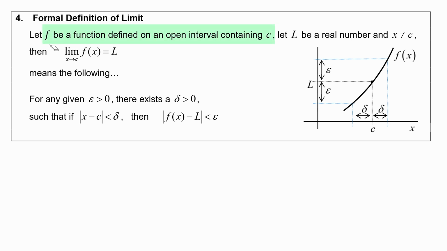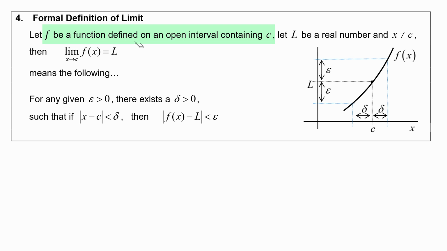To say that f is a function defined on an open interval containing c, that just means if we are on this delta interval around c, that every x value in that interval has a corresponding y value that does exist. So to say that f is defined on the interval means that nowhere on the interval is f undefined.